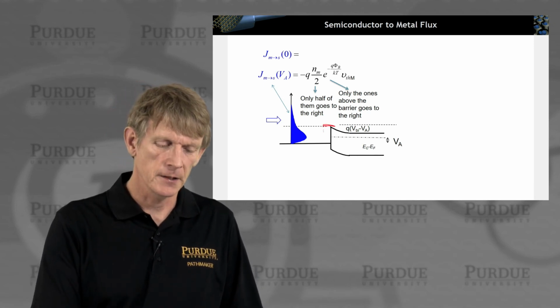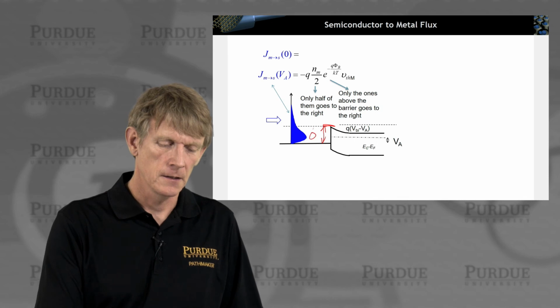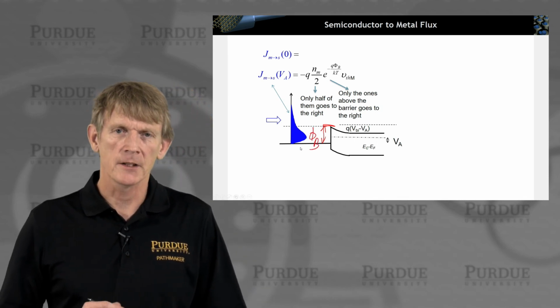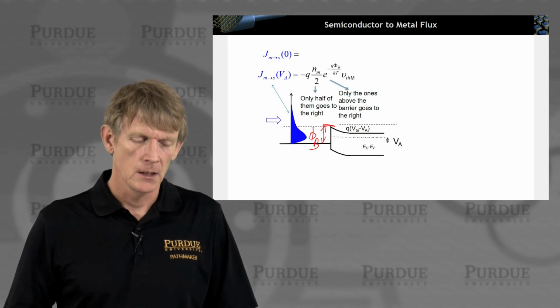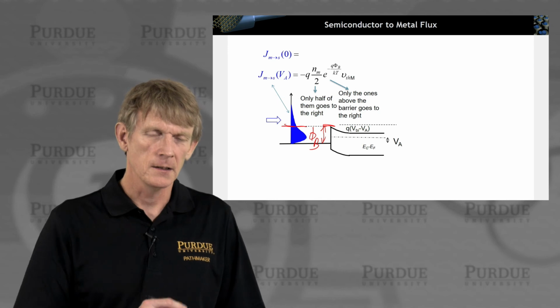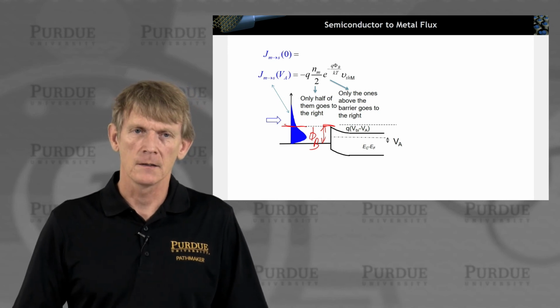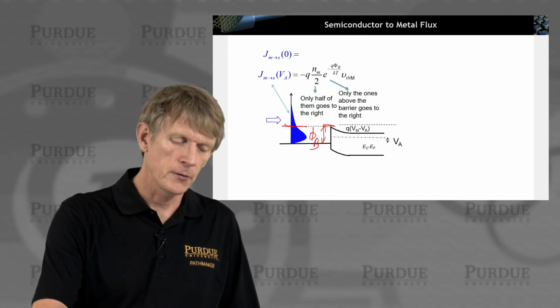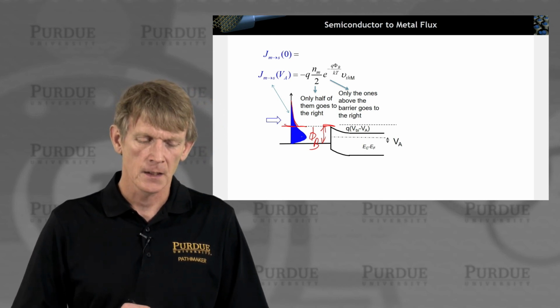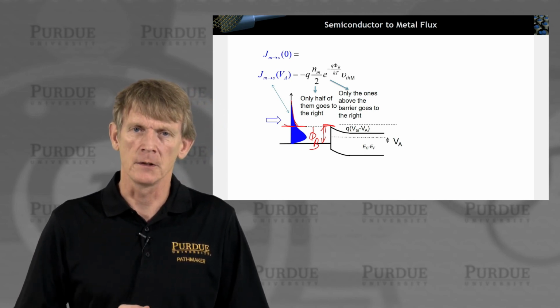So we have this barrier with a barrier height theta b, okay? And we have a carrier distribution in the metal. We're assuming that we're in the Boltzmann limit where the Fermi function can be approximated really by a Boltzmann distribution, and we have a ton of states available.